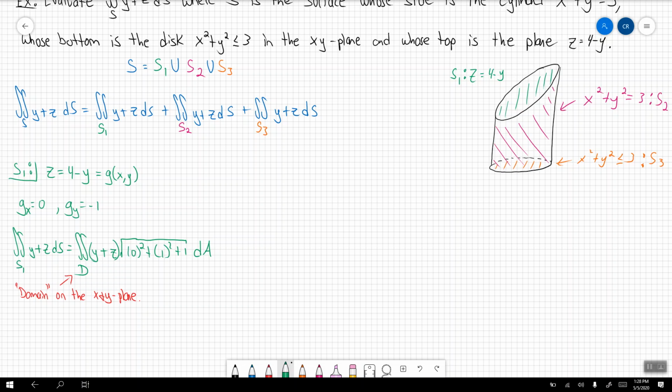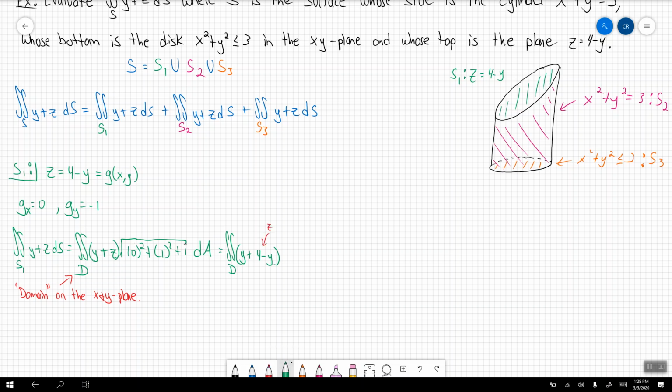So my double integral over this region is going to be y plus z value. Well, my z value is 4 minus y, so I'm going to insert my 4 minus y in for that z value.